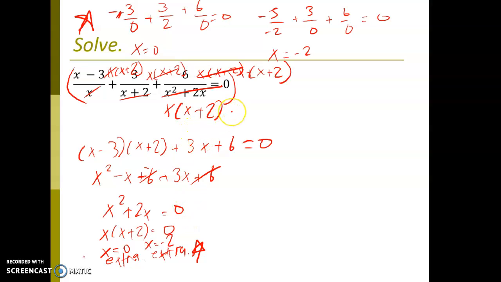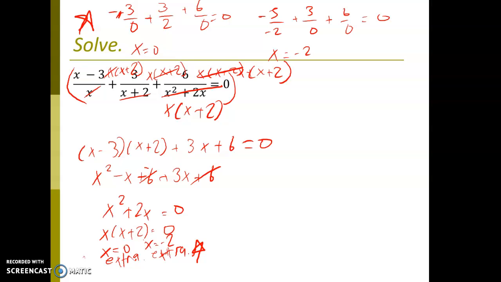Now that can happen. There are going to be times where both of your solutions are extraneous, and there's nothing we can do about that. But again, in these solving rational equations problems, it's not good enough just to find the solution and just be done with it. You have to check your answers.